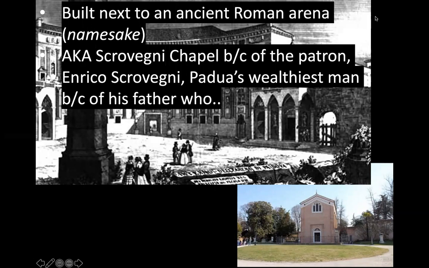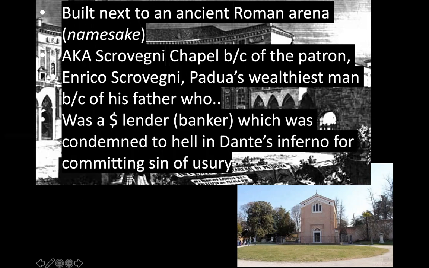At the time he is Padua's wealthiest man, just like the Medici family is going to be the wealthiest and most powerful family in Florence. The Scrovegni family is the wealthiest in Padua. This is because of his father, who was a banker, otherwise known as a money lender. He would lend money to people and then charge interest, which is bad.